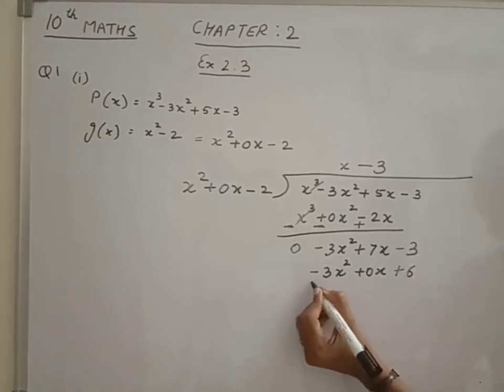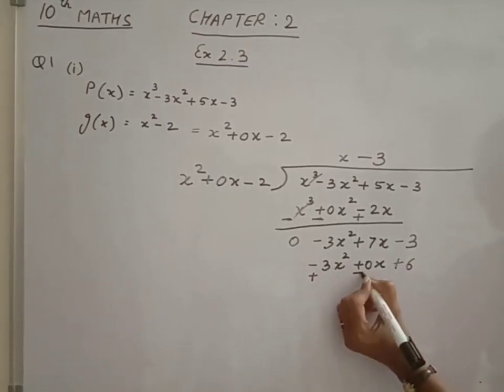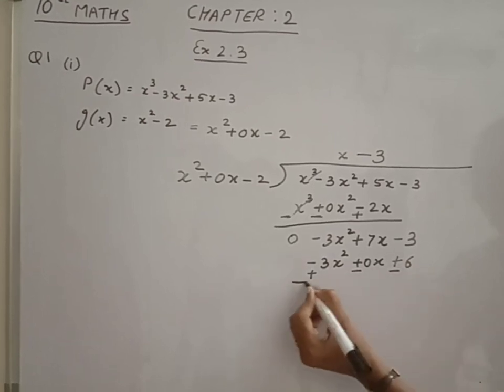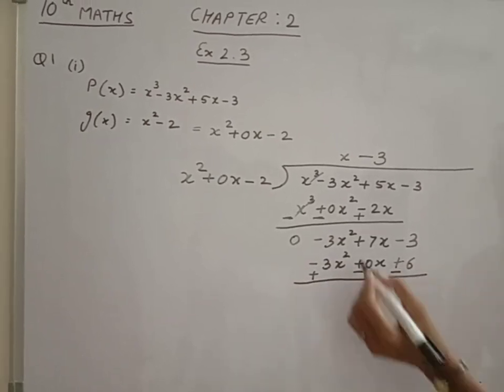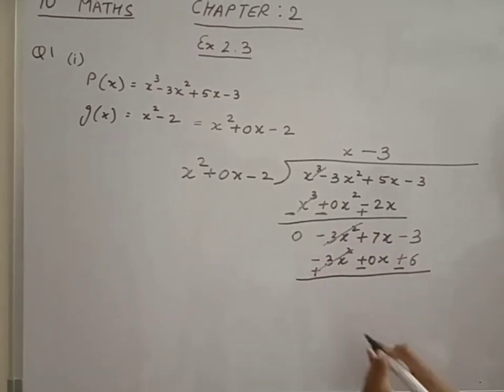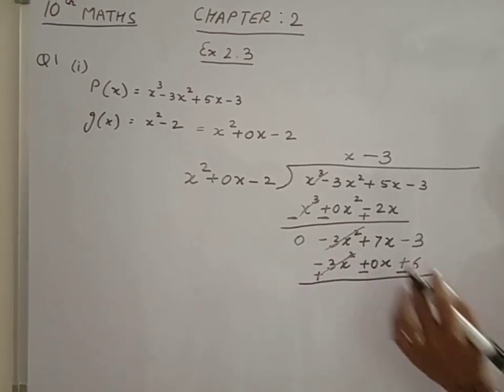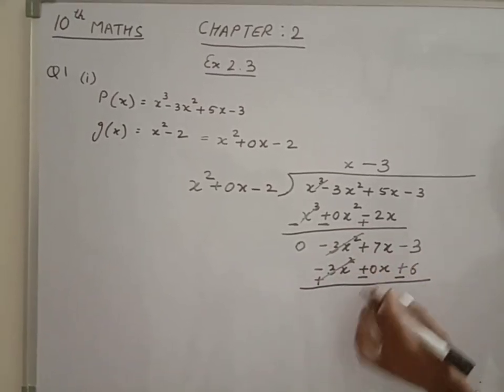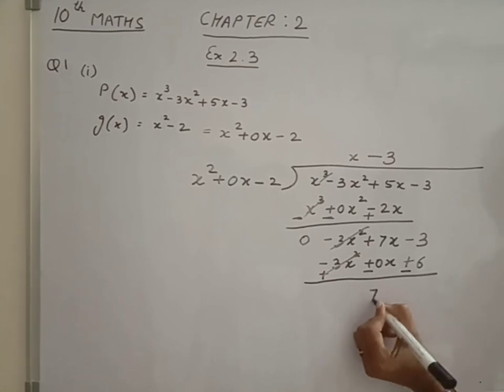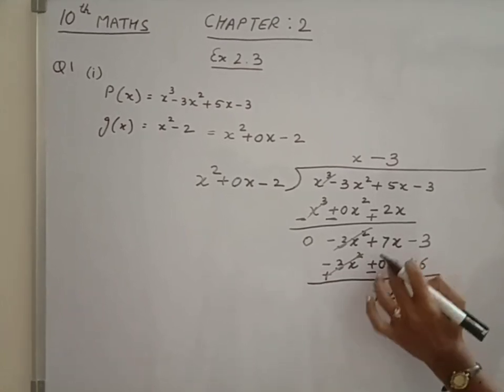Now, second step, change the sign of all: plus, minus, minus, and forget the old sign. Now minus 3x square plus 3x square, they get cancelled. Now plus 10x minus 0, that is 10x, because this is already 0.